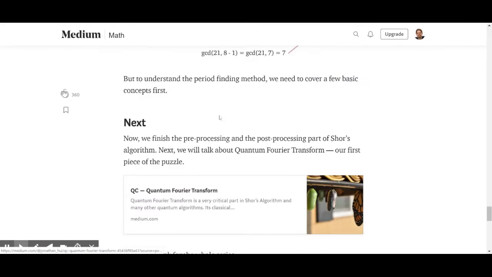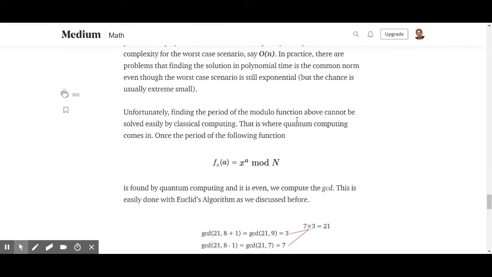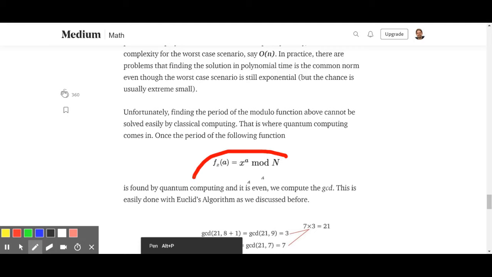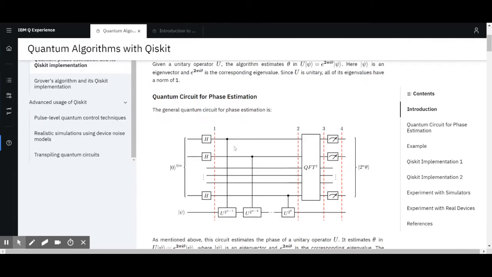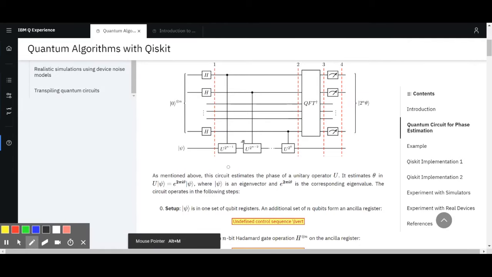Yeah, but I wanted to know. So okay, what I'm getting at is that this function here is kind of what you're trying to encode with this part of the algorithm, I guess.